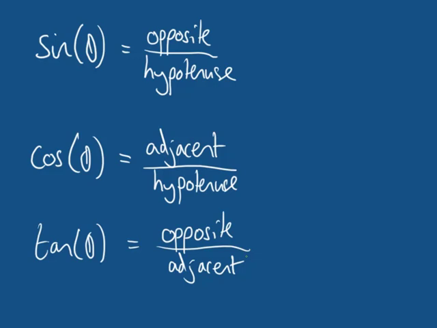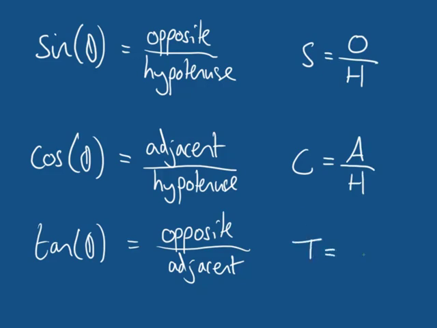So to assist in remembering them, there are a couple of devices that are often taught. The first is to simply take the first letter of each word, giving us S from sine is equal to opposite over hypotenuse. Cosine is equal to adjacent over hypotenuse. Tan is equal to opposite over adjacent.